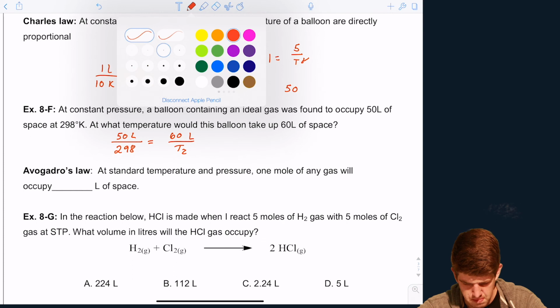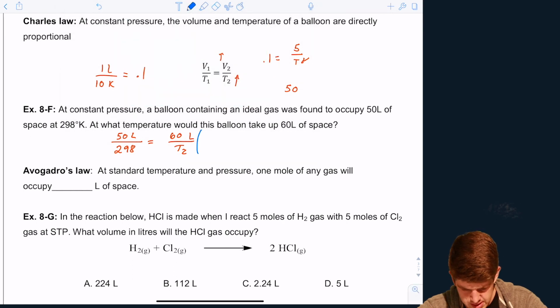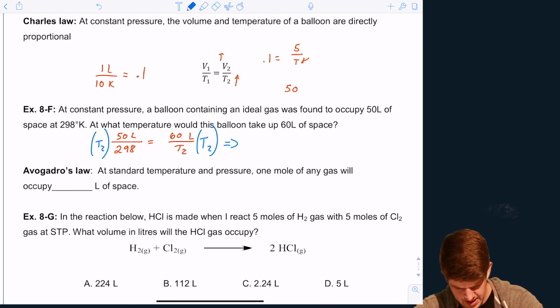I'll just multiply both sides by T2. Now we have 50 T2 over 298 is equal to 60.